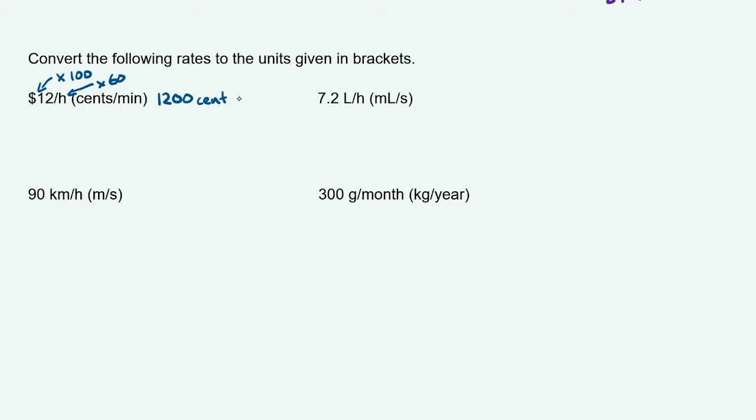cents per 60 minutes. Now the easiest way to work around this one, and I might put it in a different spot to make it a bit easier to see. 1,200 cents per 60 minutes. I now want to find out what it is per 1 minute.